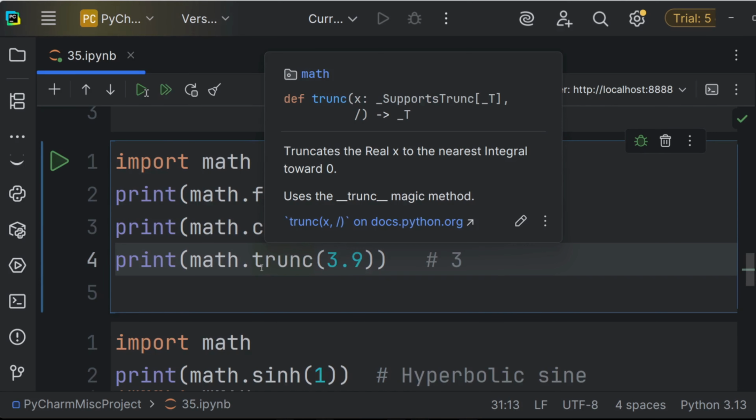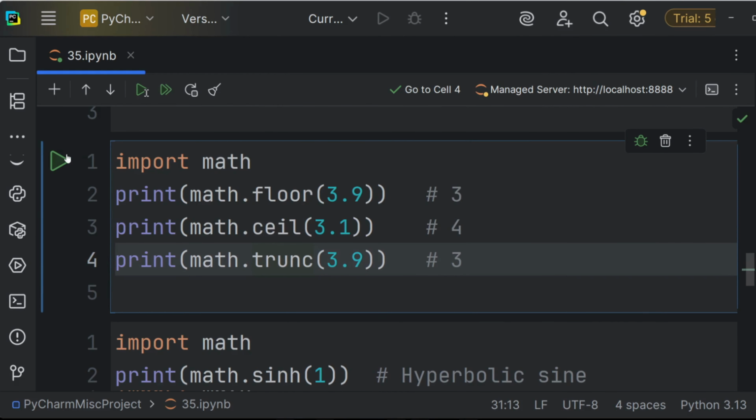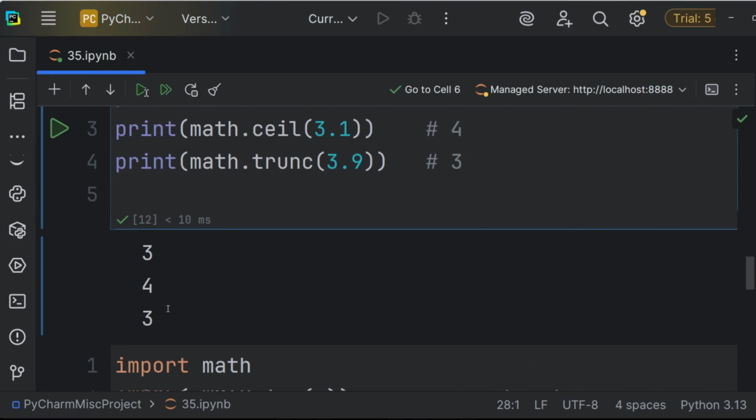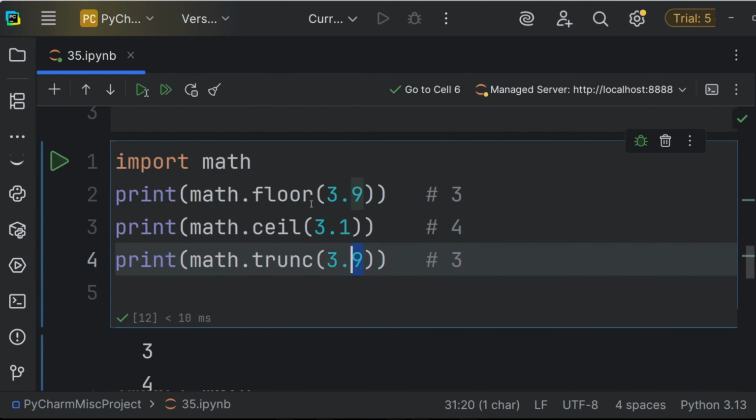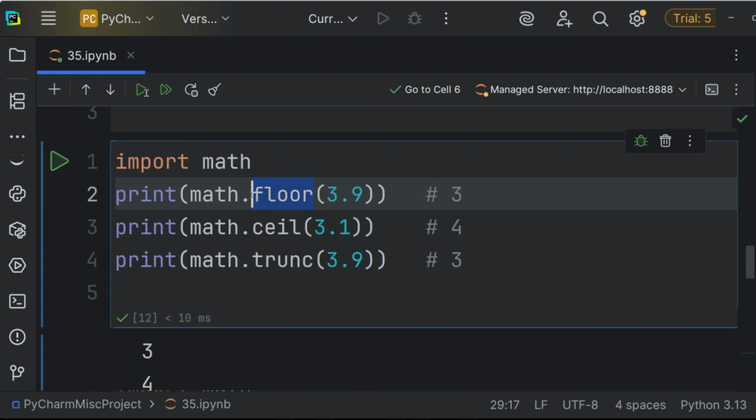It does not care about whether to round it up or whether to round it down. So when you run it, as you can see, it'll round it just by removing the decimal, which is 3. But the irony is that over here, when you remove the decimal, you're obviously rounding it down. So the thing is, floor and trunc are literally the same thing.